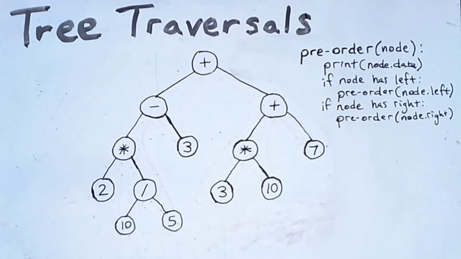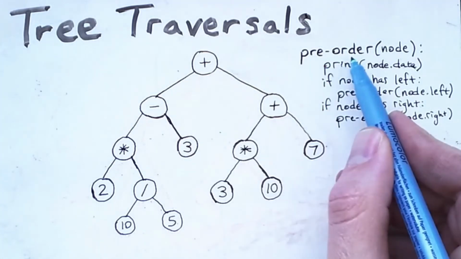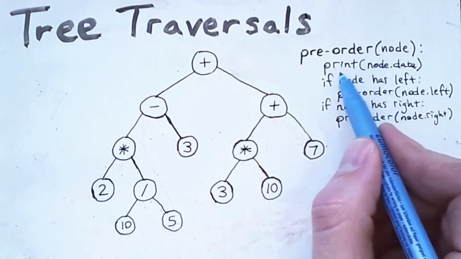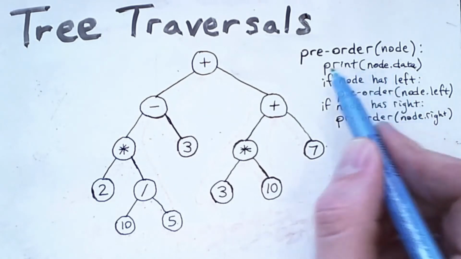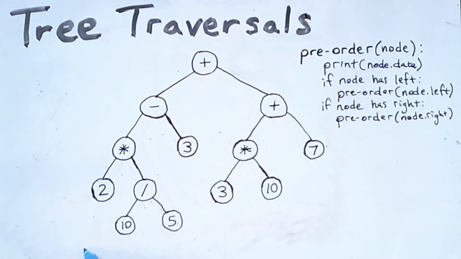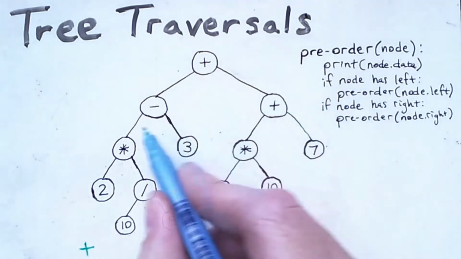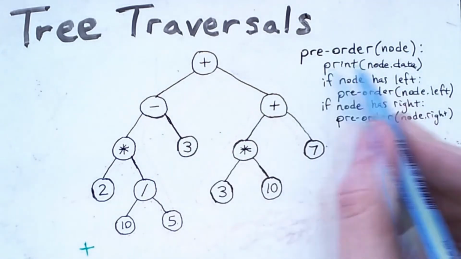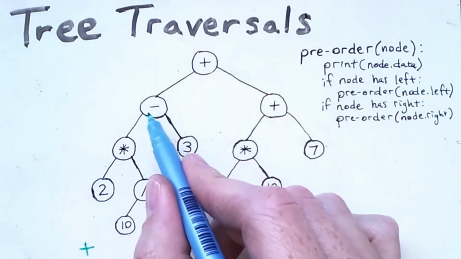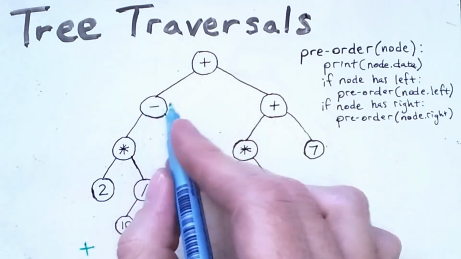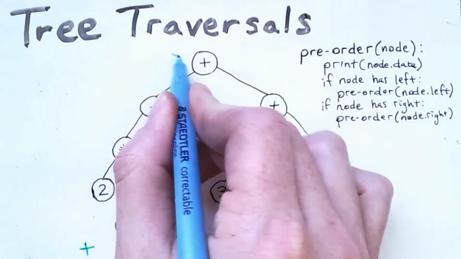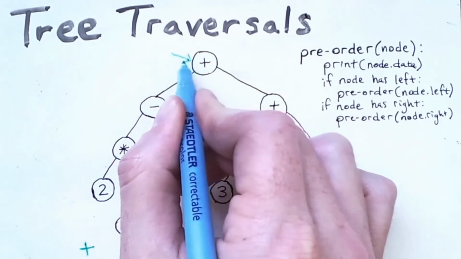So if we do a preorder call to the root node, the very first thing we do is we print the data in that node. So we immediately print a plus. And then there is a left node, so we go to the left. So now we're at the beginning of a new preorder call, but we're focused on this node here. So we've already visited / printed the plus.